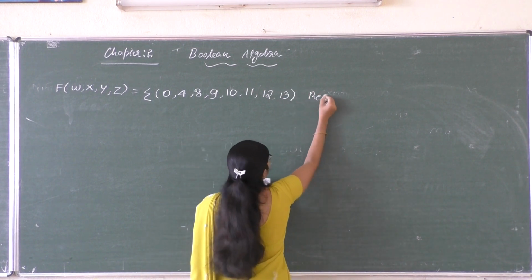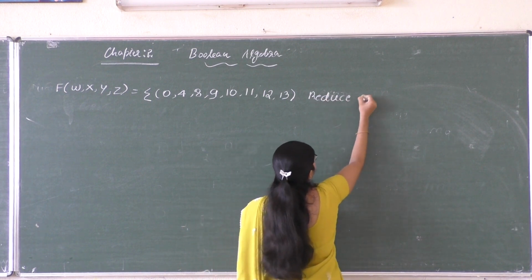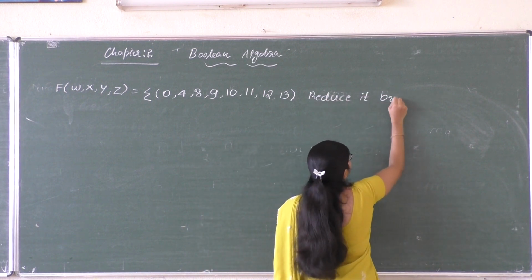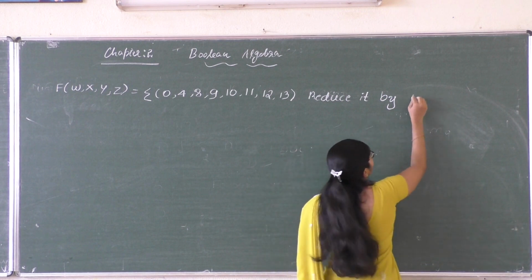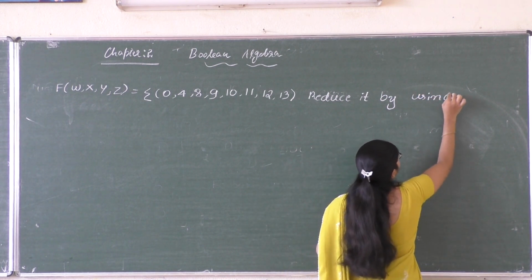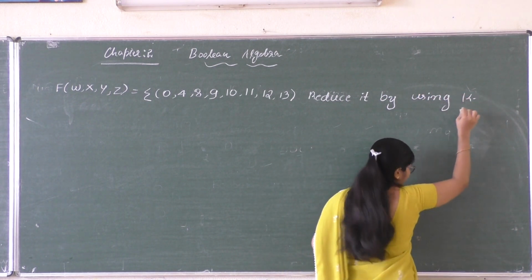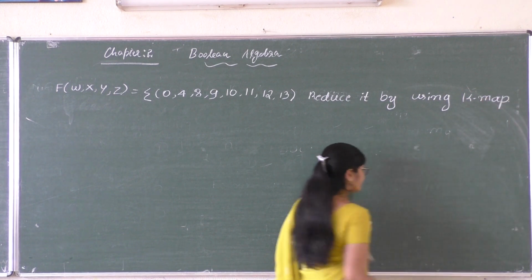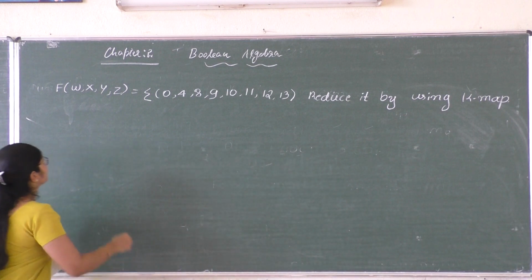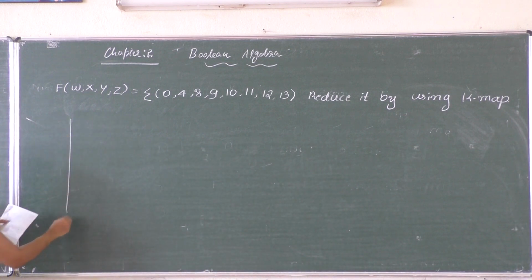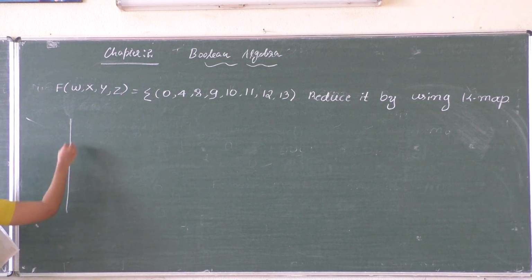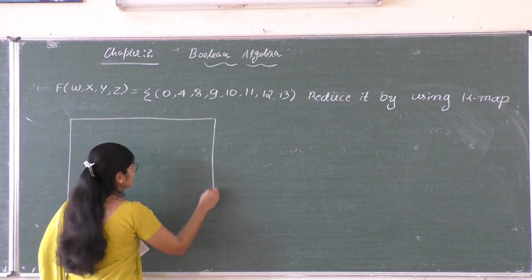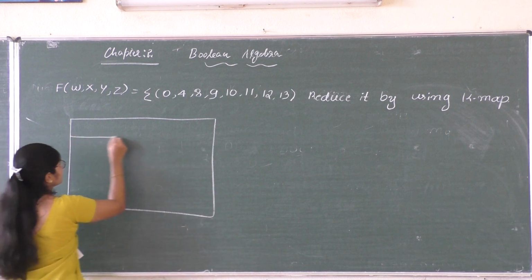Reduce it by using K-map. These 4 variables are there.